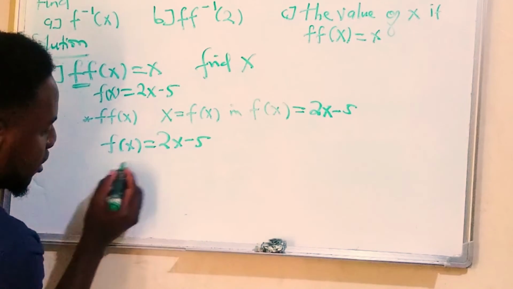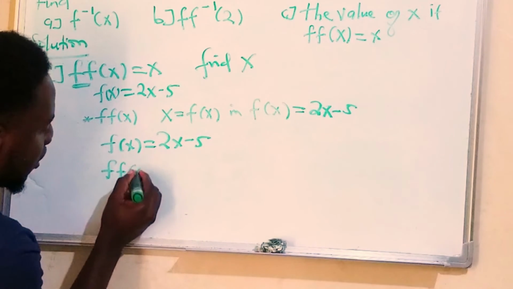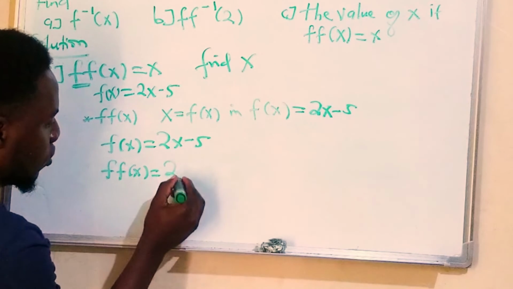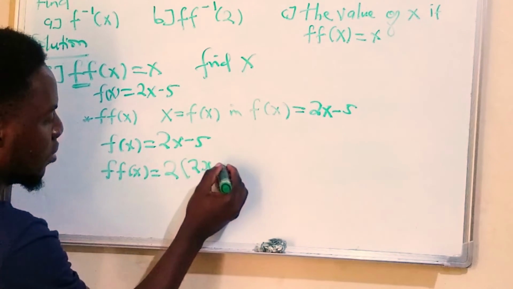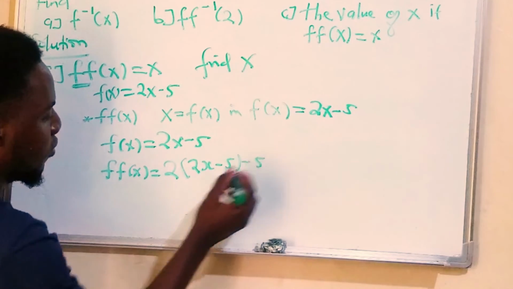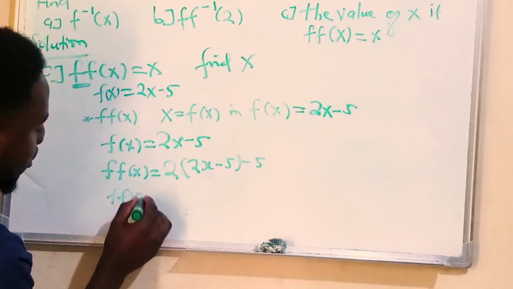So where there is x, we are going to put 2 open bracket 2x minus 5 close bracket minus 5.